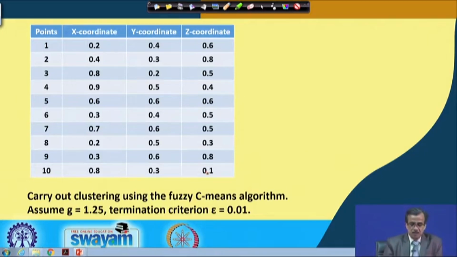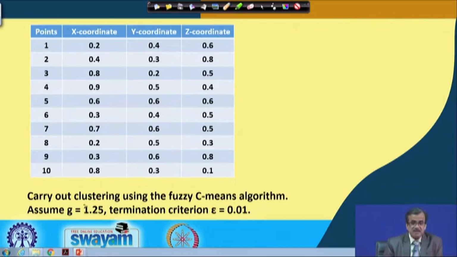Let us see how to do the clustering. For example, for the first point, the x coordinate is 0.2, the y coordinate is 0.4 and the z coordinate is 0.6, and so on. For each of the 10 points we have got x, y and z coordinates, and as I told you, these points are in fact lying on the free-form surface.